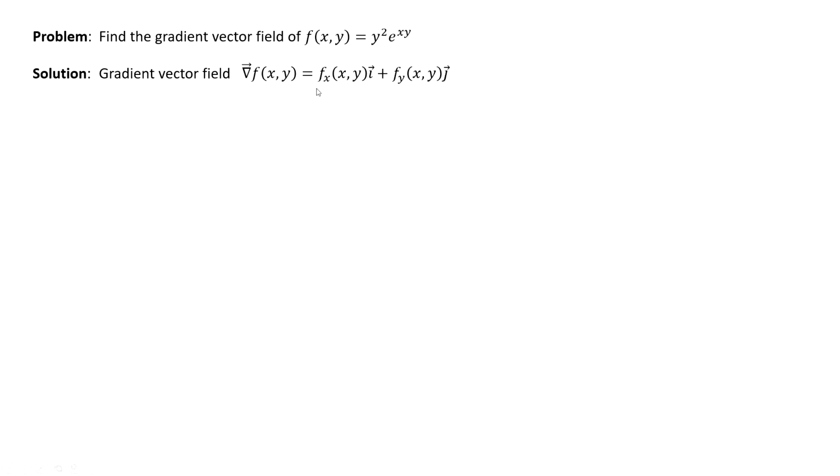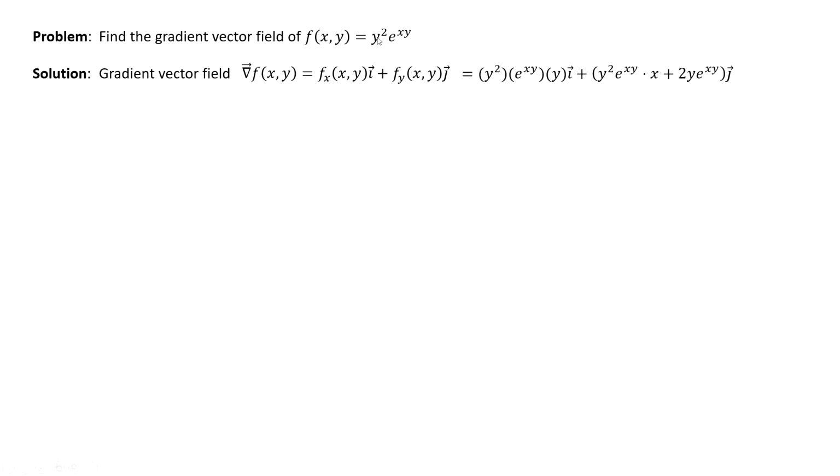I just got a problem here. Find the gradient vector field given that the function is y square e to the xy. Pretty silly, simple problem. All you need to do is figure out partial f with respect to x and partial f with respect to y.